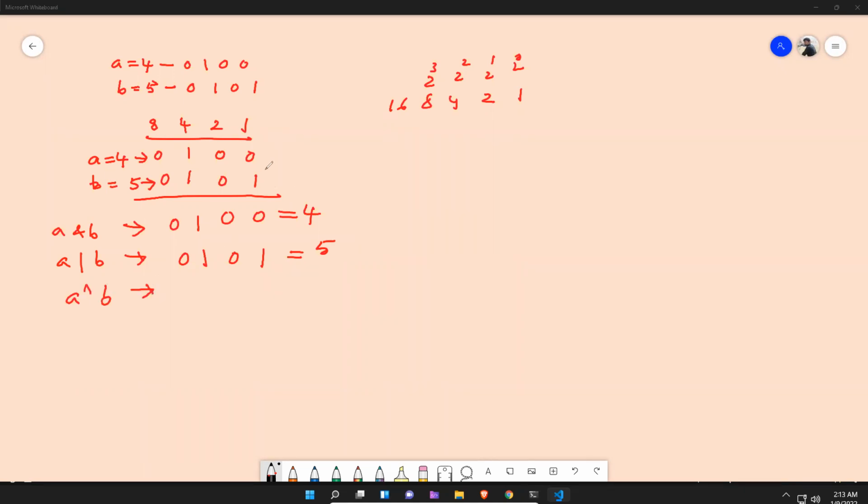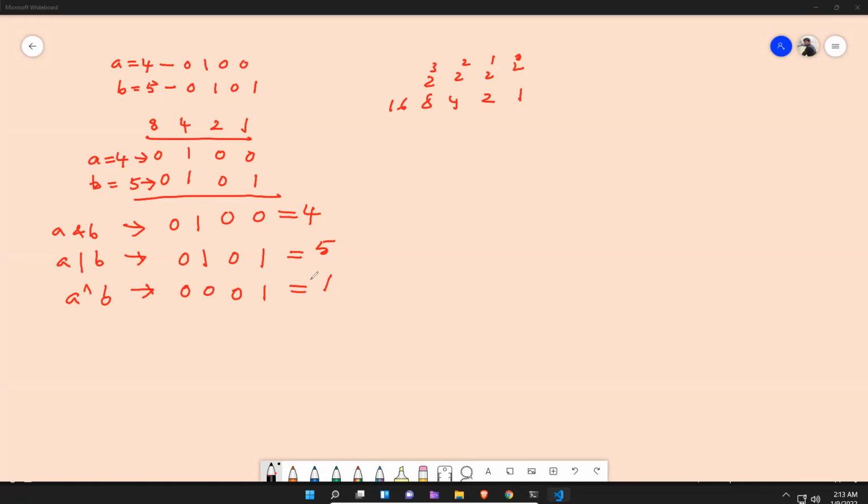If any one of the values is 1, like 0 and 1, it gives 1, but 0 and 0 give 0, and 1 and 1 also give 0. Only when exactly one of the values is 1 will it be 1. If both are the same, it will not be considered. So A XOR B is equal to 1. This is how you need to calculate.